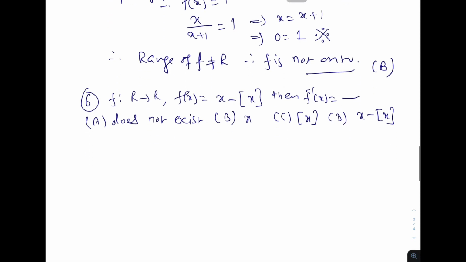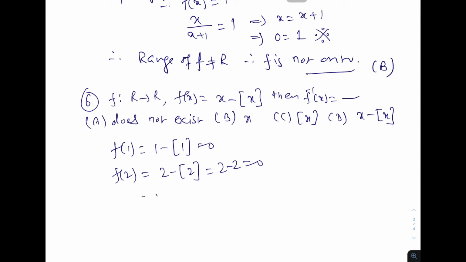But this is very easy to check. If I take f of 1, then this is 1 minus integral part of 1, and so 0. f of 2 is 2 minus integral part of 2, so that is 2 minus 2, so 0. That means f is not 1-1.